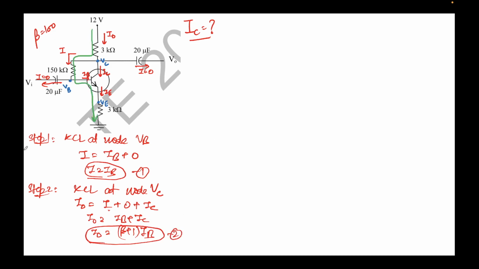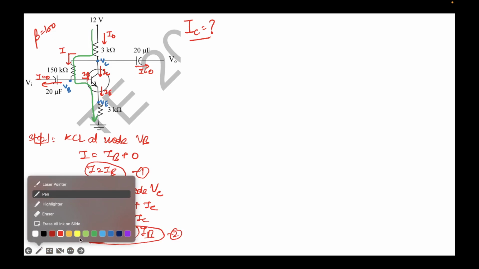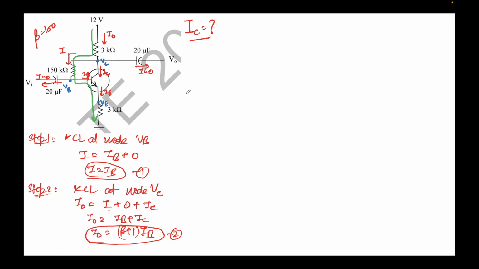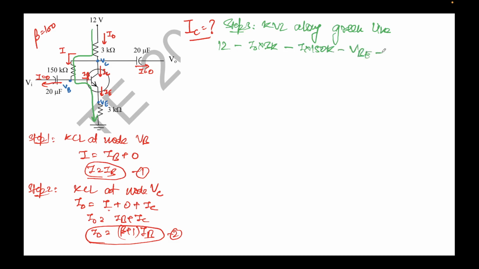Now we are going to apply KVL across the green line that you can see on your screen. So KVL along the green line: 12 minus I naught times 3k, minus I times 150k, minus VBE, minus IE times 3k, equal to 0.